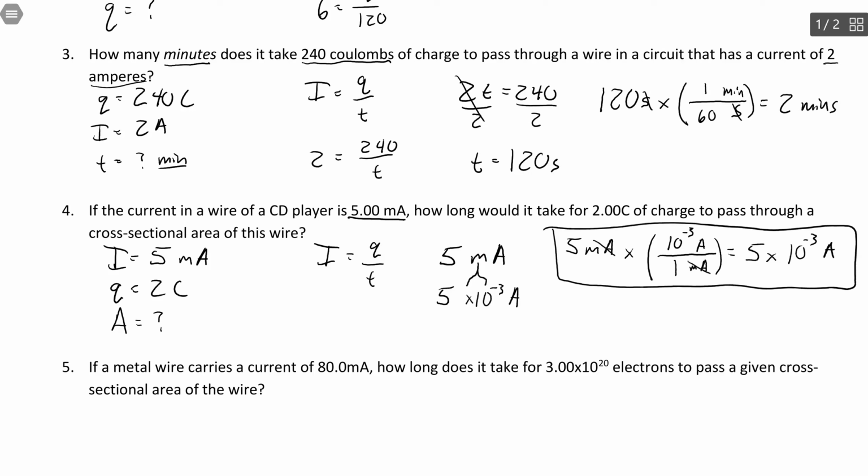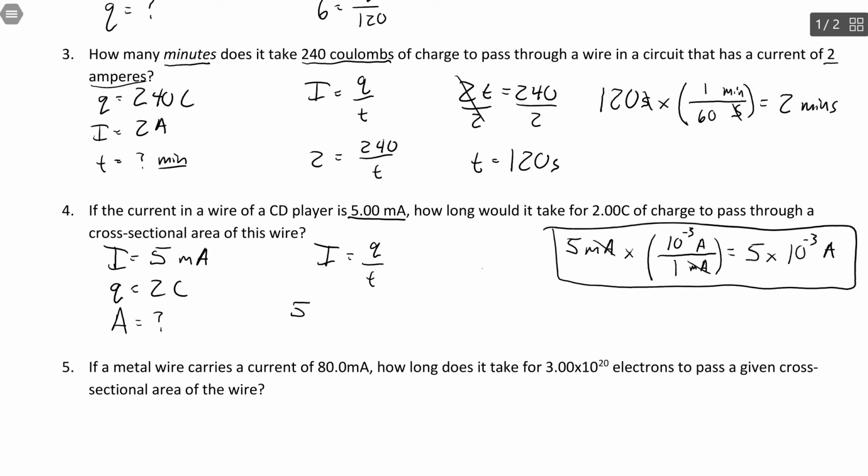It's harder to do the other way. If it's 5 amps, how many milliamps is that? You can't really just switch out the thing like that. But if it's 5 milliamps or even a microcoulomb, so we must have done that before in Unit 10, then you could just do it that way.